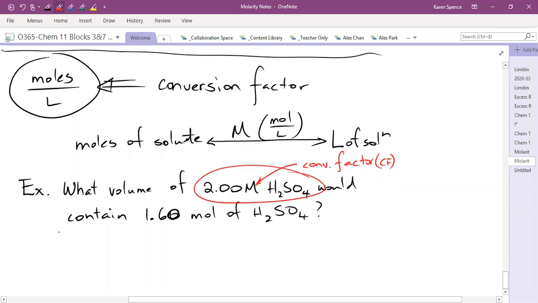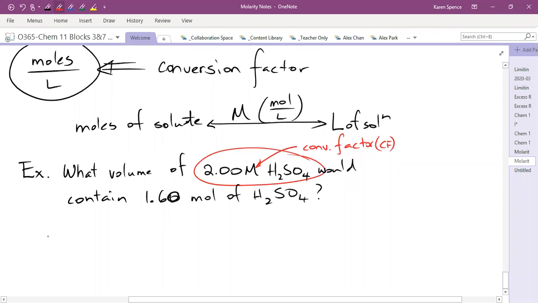Because our conversion factor is actually 2.00 moles of H2SO4 per liter. So I would suggest that anytime you see molar, rewrite it as moles per liter so that you can see that it's a conversion factor.